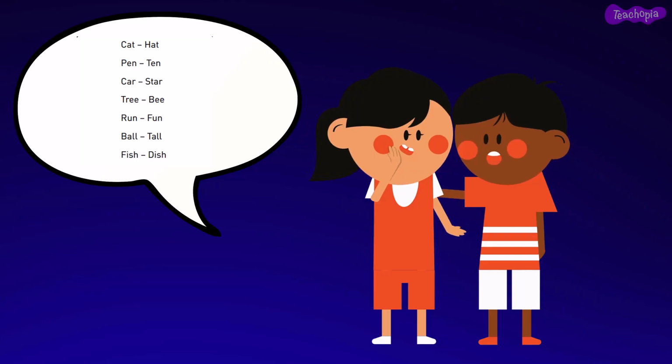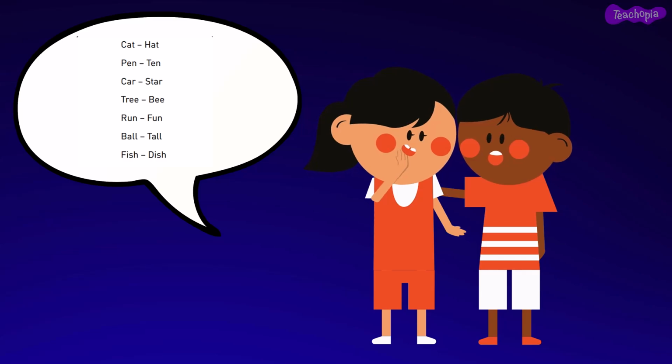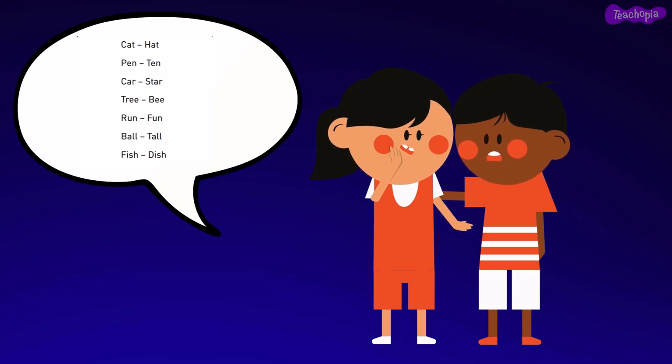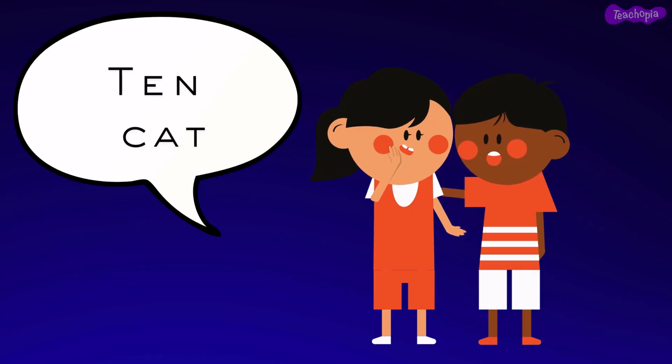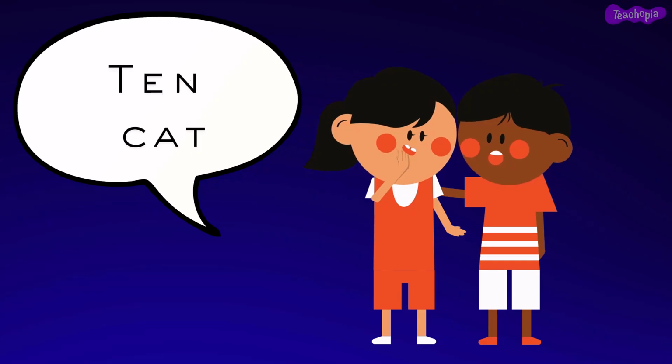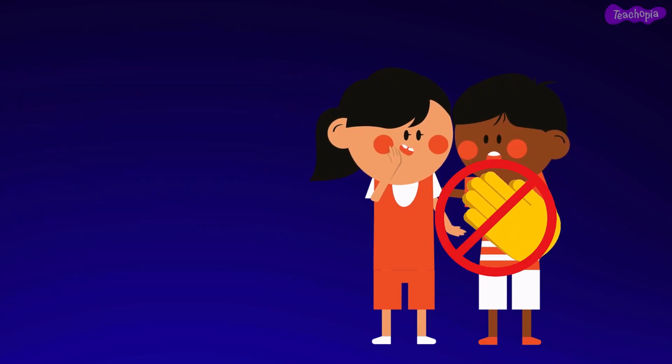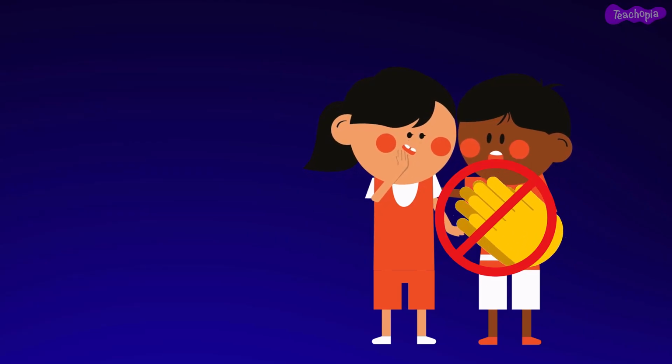A set of rhyming words has been given in the PBL for learners to use as they play this game. If and when the learner mentions a pair of words that aren't rhyming, such as ten and cat, the other learners must not clap. Whoever claps can be out.